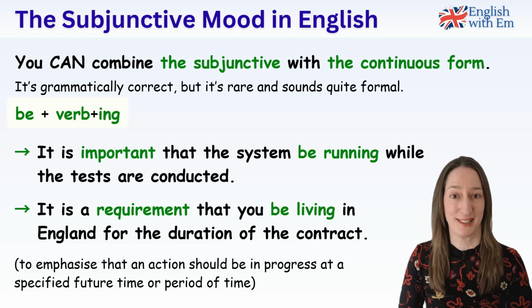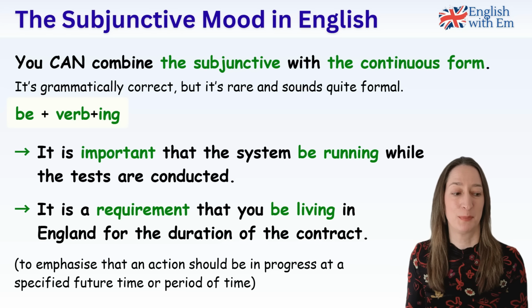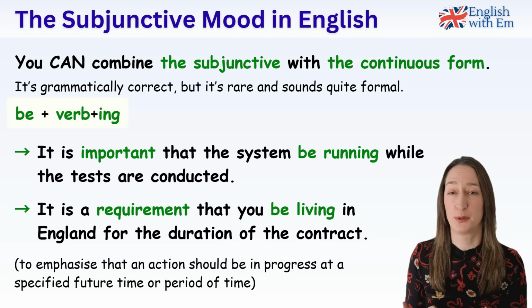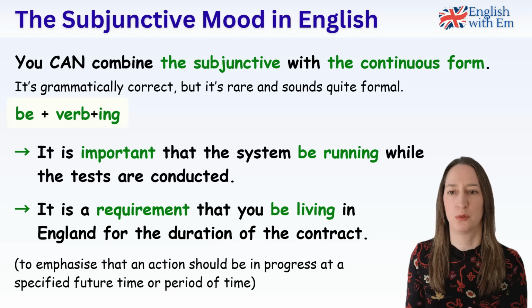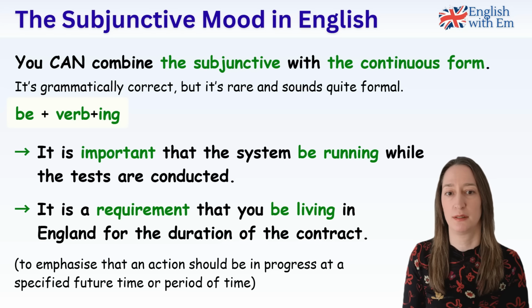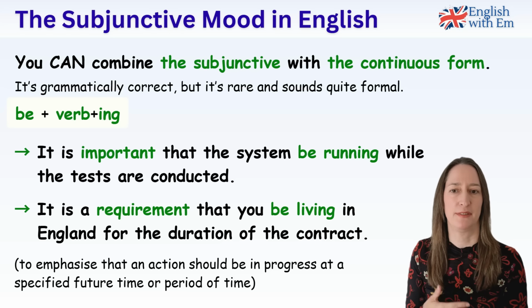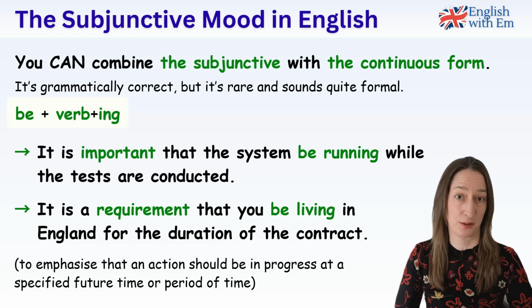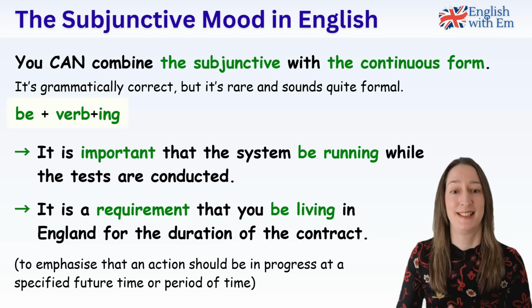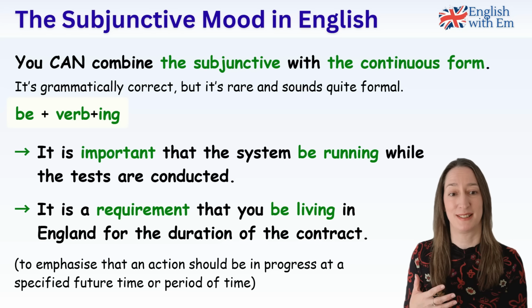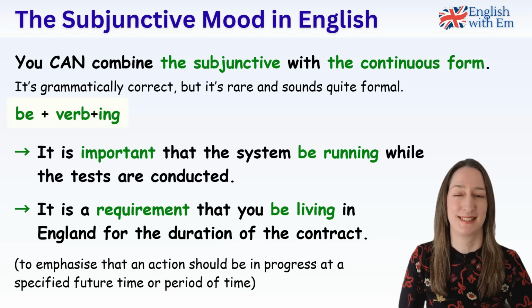Now, this is perfectly correct, but most people would probably just use a modal construction here and say something like, the system must be running while the tests are conducted, or you have to be living in England for the duration of the contract. So don't worry, this form is rare. You don't need to use it, but it's useful to recognize.